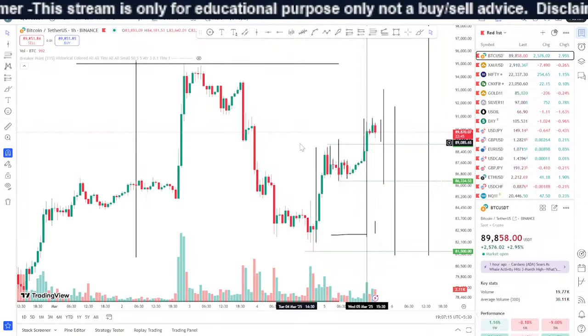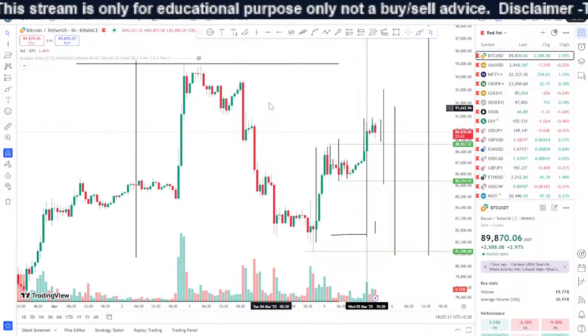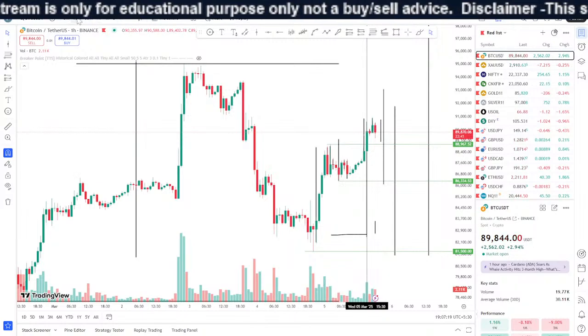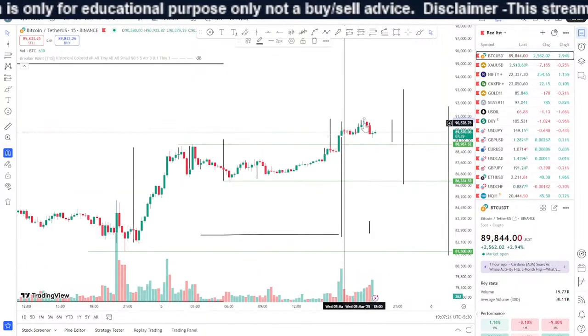गुड इवनिंग सिमन. Any doubts in BTC, guys?